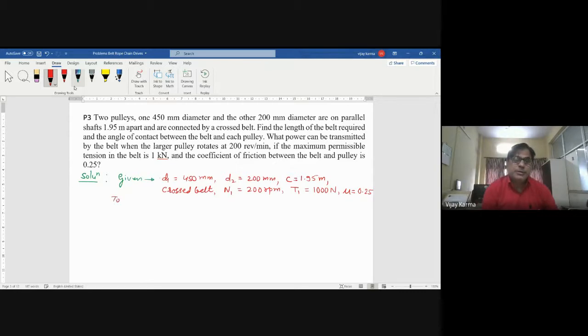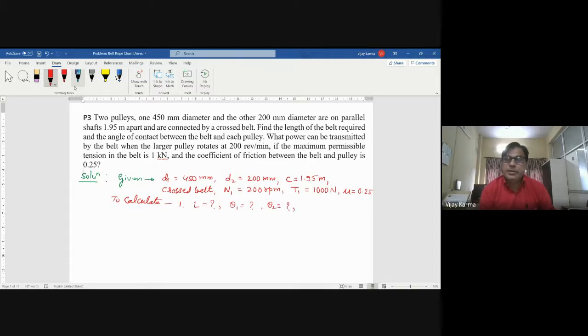To calculate, number one, the length of the belt drive. Then the angle of contact between the belt and each pulley, so theta 1, theta 2.